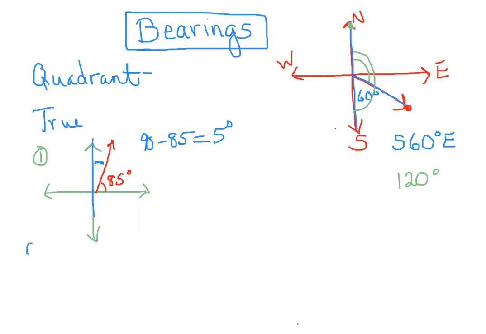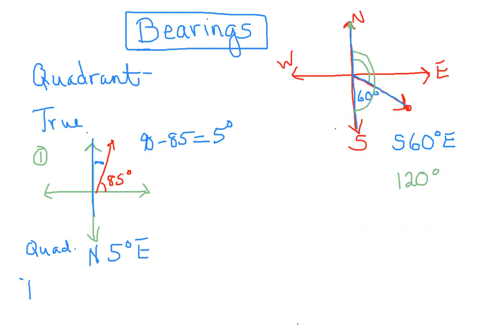So the quadrant bearing is going to be north 5 east. Okay, it's north and east, and it's 5 degrees.